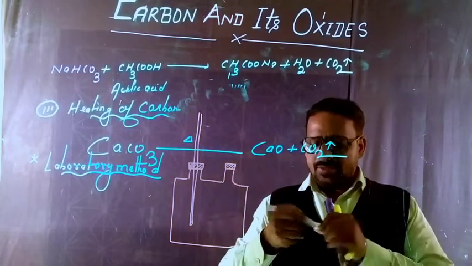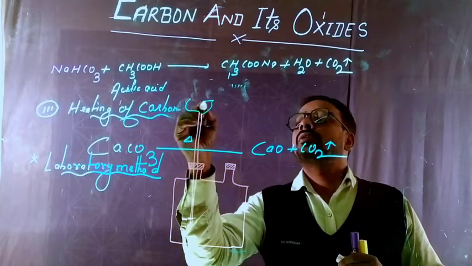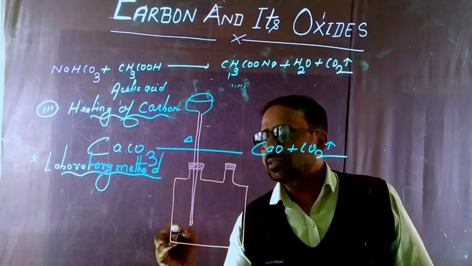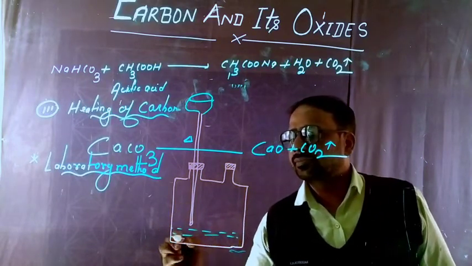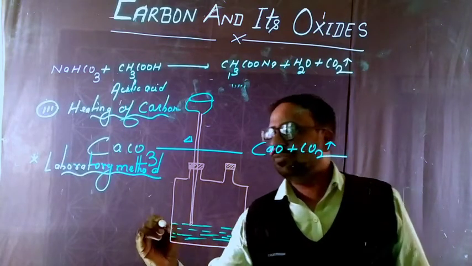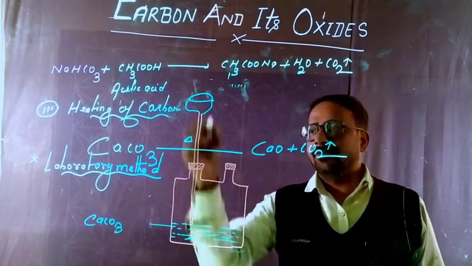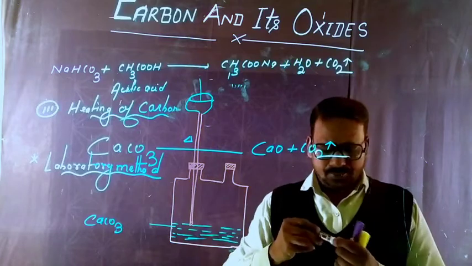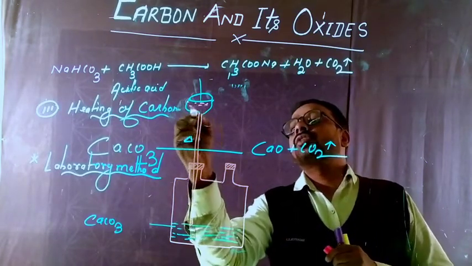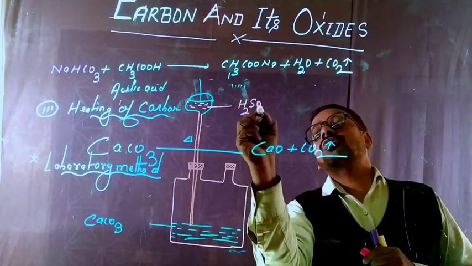It is called thistle funnel, like this, and we'll take some marble, and we know that marble is made up of what? Calcium carbonate, and we put some acid. What acid will we take? H2SO4.